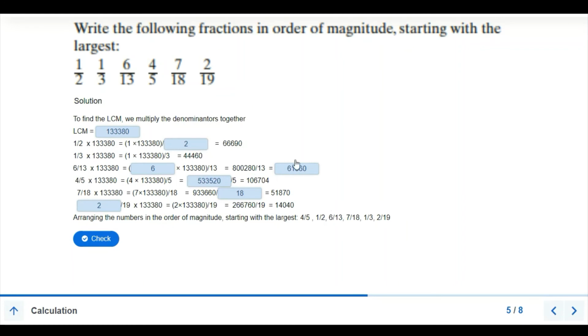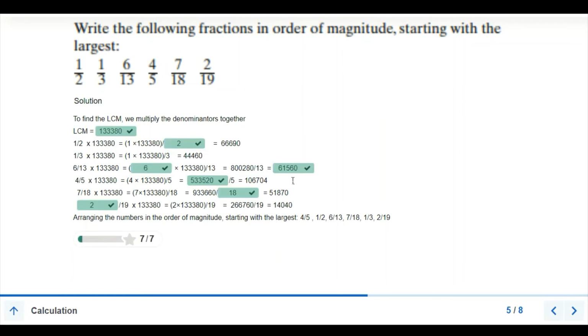After 1 over 2, we have 6 over 13. After 6 over 13, we have 7 over 18. After 7 over 18, we have what? 1 over 3, which is 44,460. And the last fraction here is what? 2 over 19, which gives us 14,040. So we've checked the arrangements, we are good.